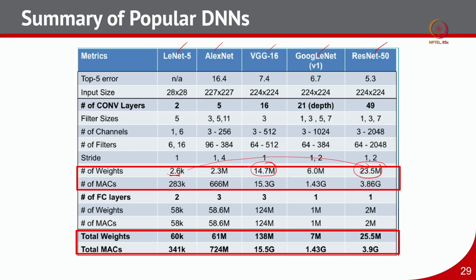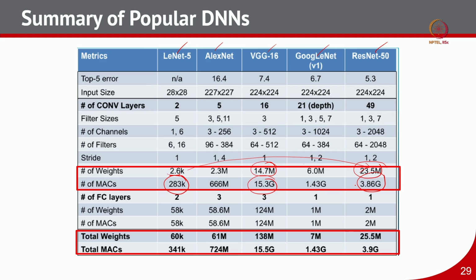Of course, if we have more weights, our expectation is that the number of multiply and accumulate operations is also higher, and that is the case here too. The number of multiply and accumulate operations for LeNet 5 is 283 K, but when we reach ResNet 50, it is 3.86 billion. Not only that, VGG16 has 15.3 billion multiply and accumulate operations.